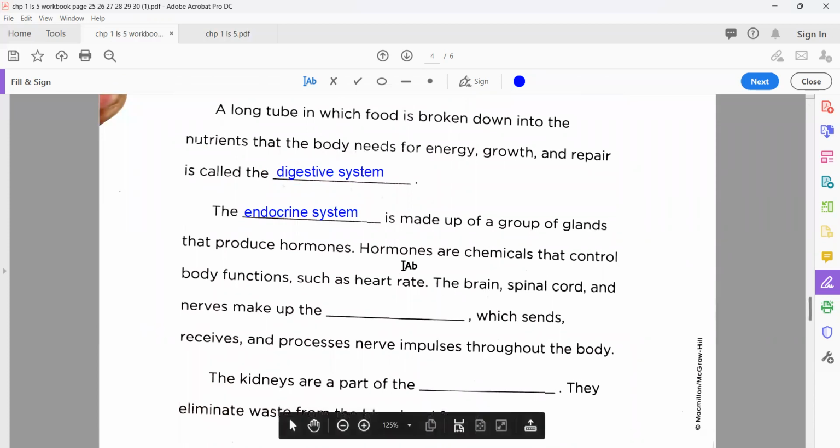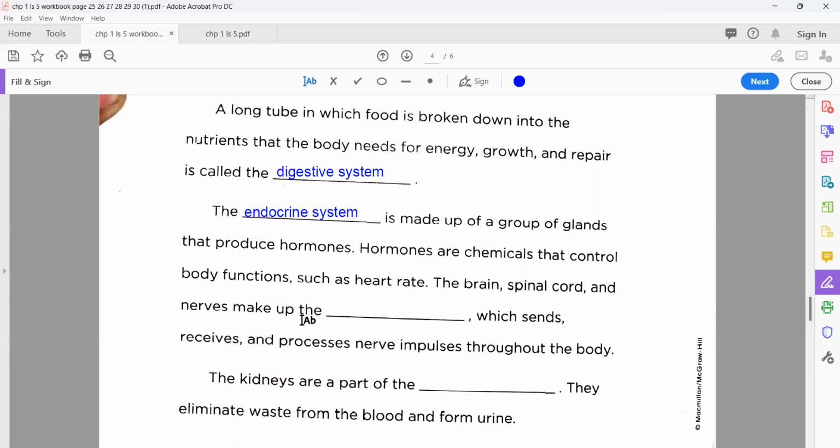You know that these hormones work in coordination with your nerves, and the nerves that come from the brain and spinal cord, when they all join together, like brain, spinal cord, and the nerves, they make another system. So what do we call this system? Nervous system. Yes, well done.